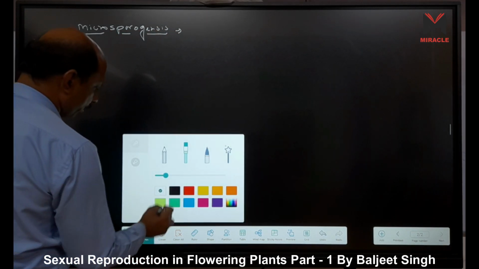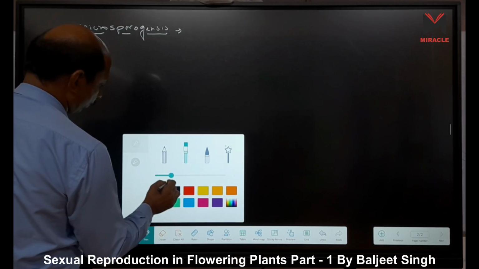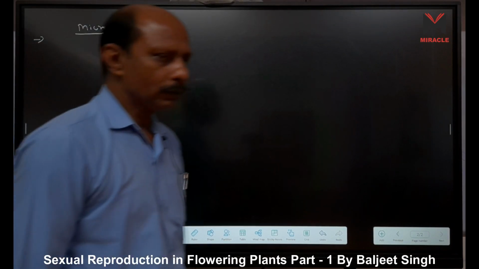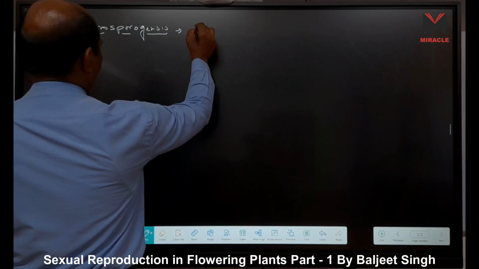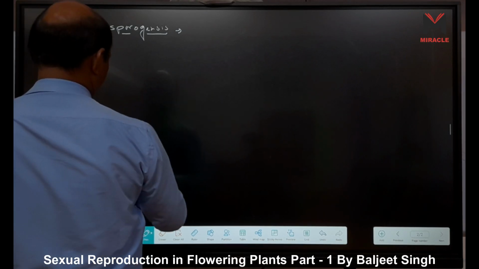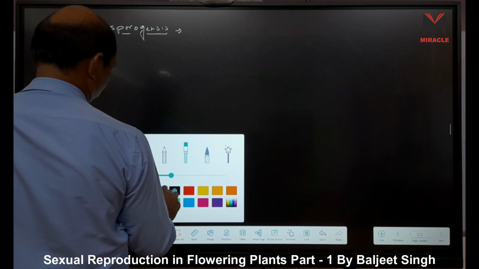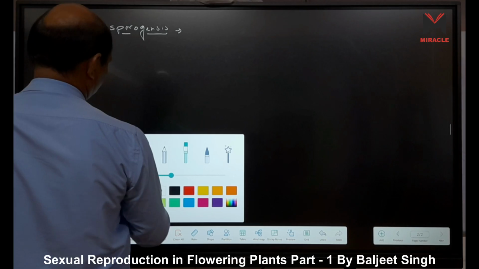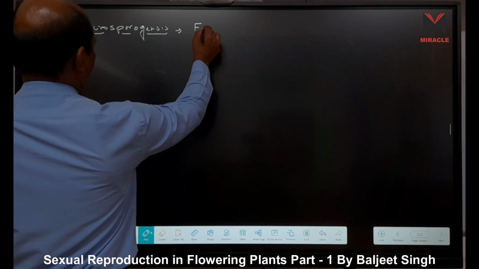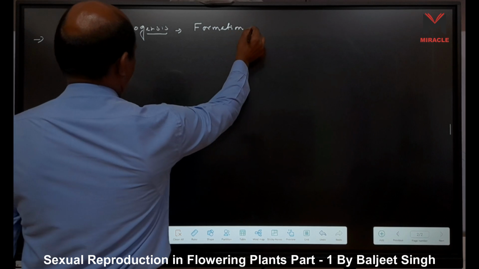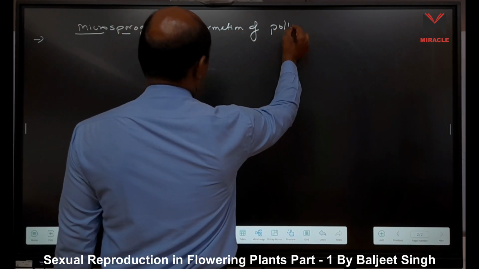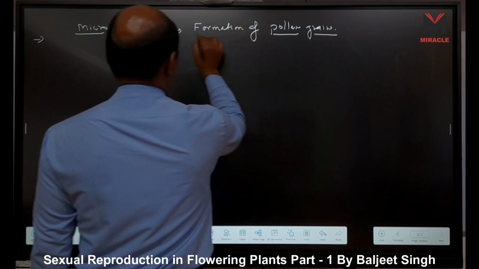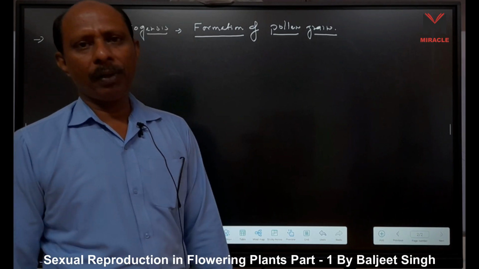What happens in microsporogenesis? That means formation of pollen grain. Pollen grains are also called male gametophytes.